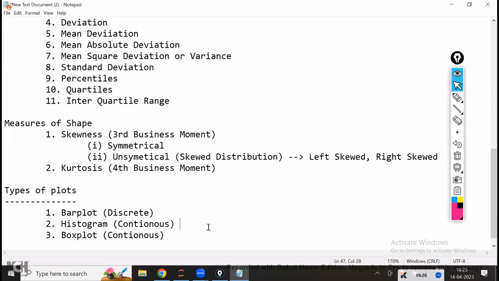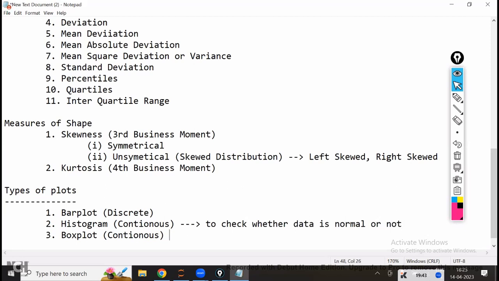Now, what is the use of histogram? Histogram is used to check whether data is normally distributed or not. By seeing the histogram, we can say whether it is symmetrical or non-symmetrical, normal or not.